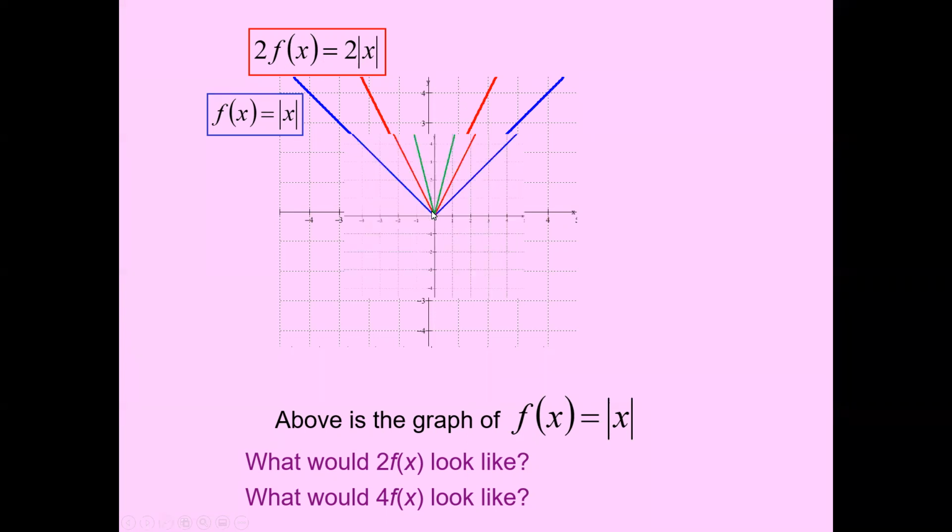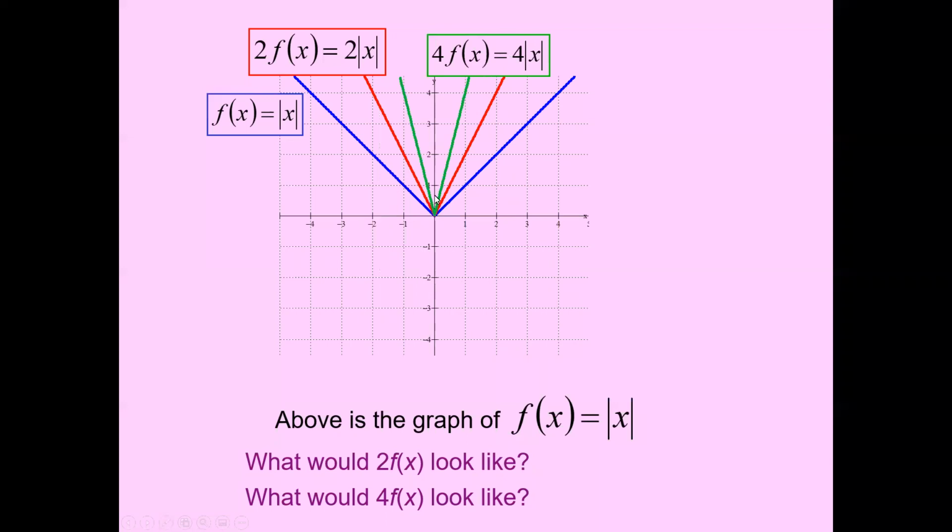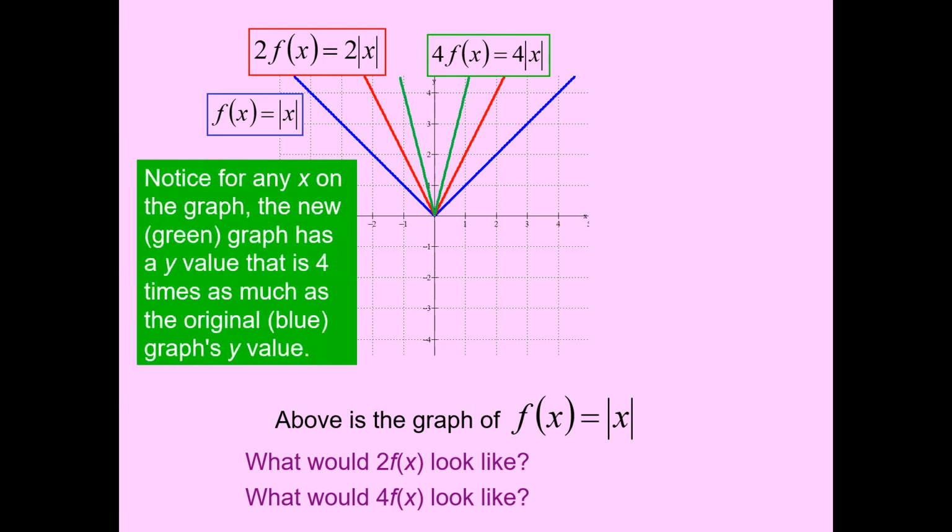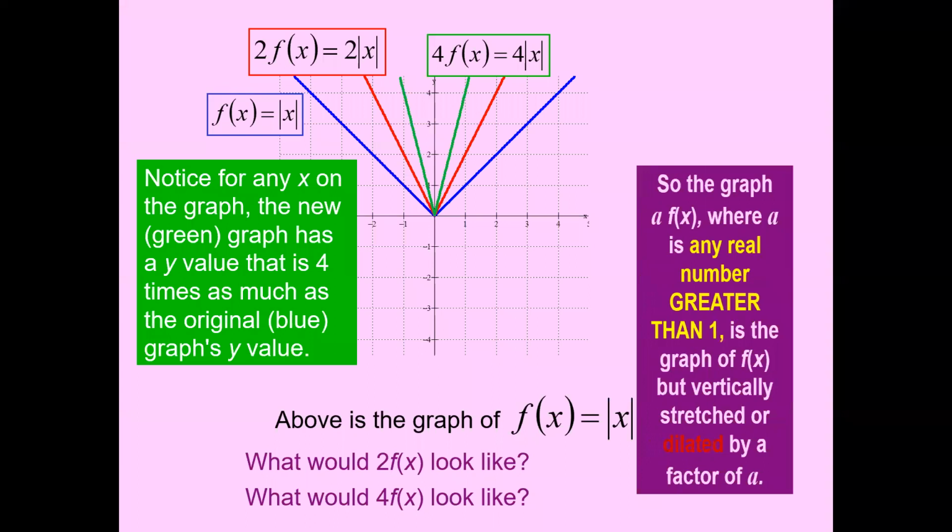And that one will still be a 0. And you can see the green graph. Okay, I hope you guys can see what's happening. We started with the blue graph, and then it becomes the red graph, and then the green graph. So notice for any x on the graph, the new green graph has a y value that is 4 times as much as the original blue graph's y value.